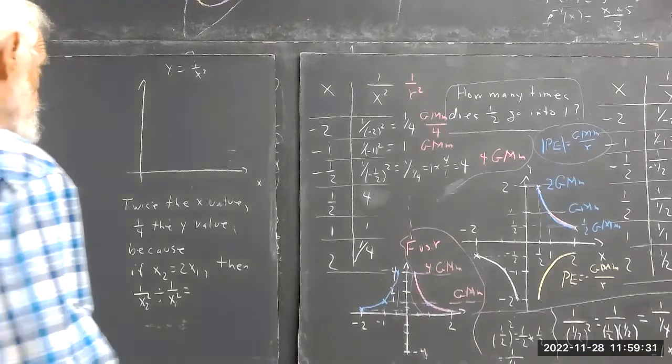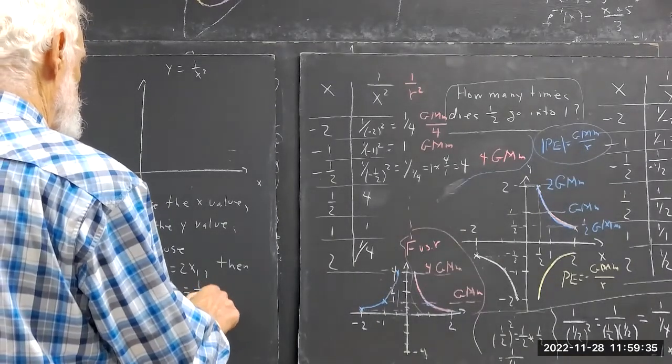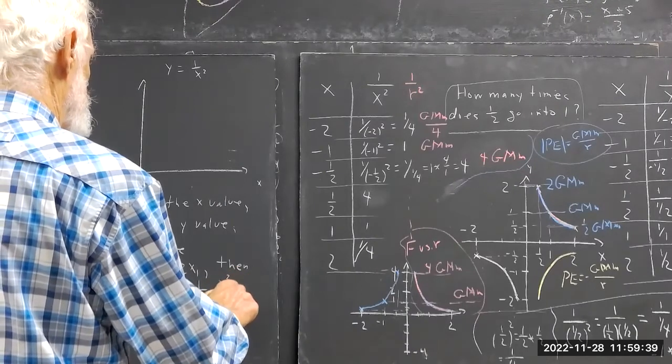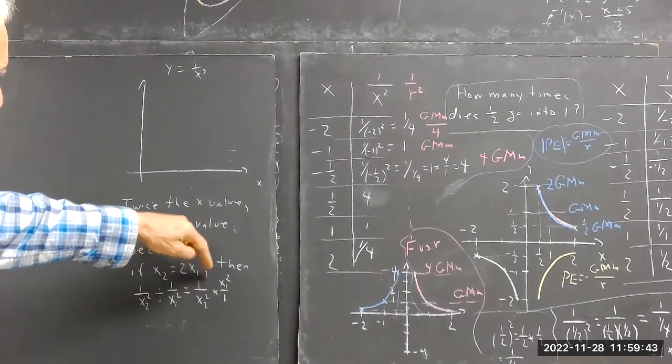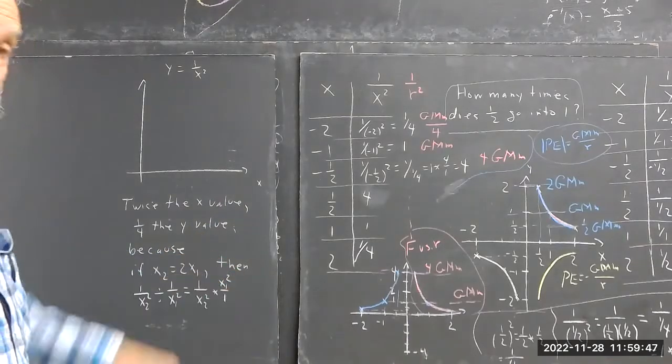Well, it equals 1/X2 squared times X1 squared over 1, just like before, except these are squared now.